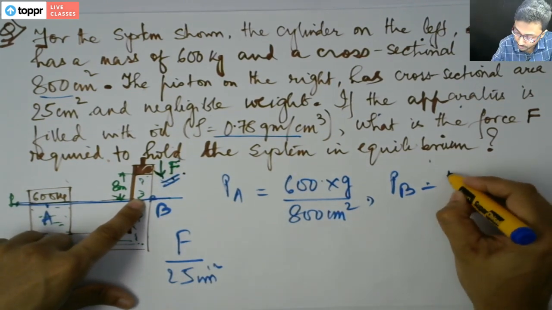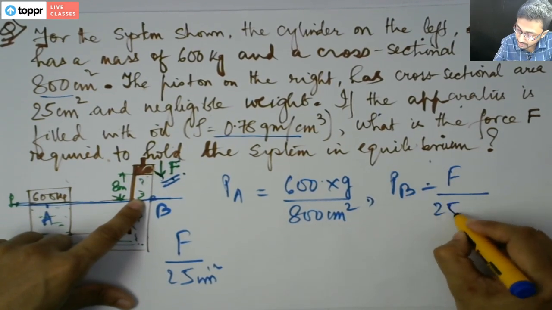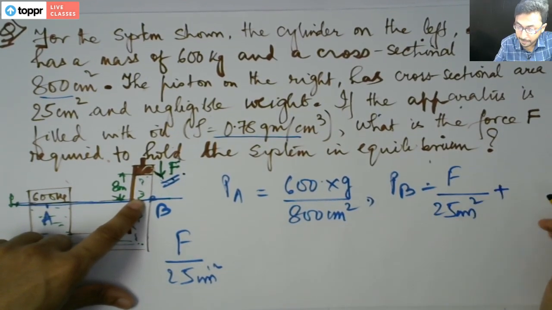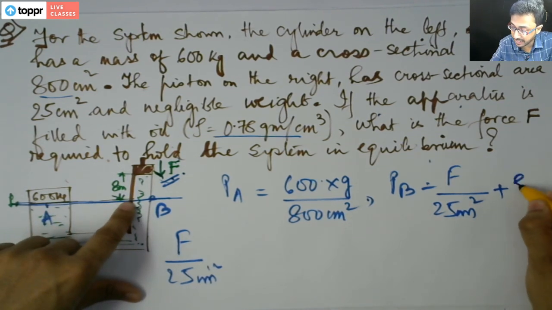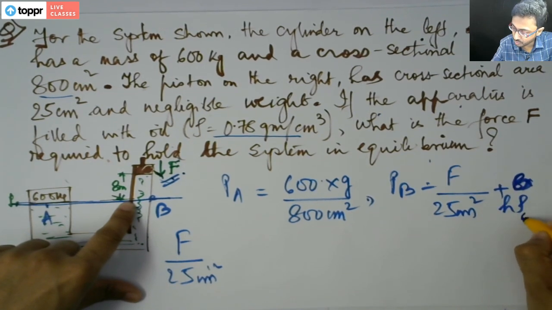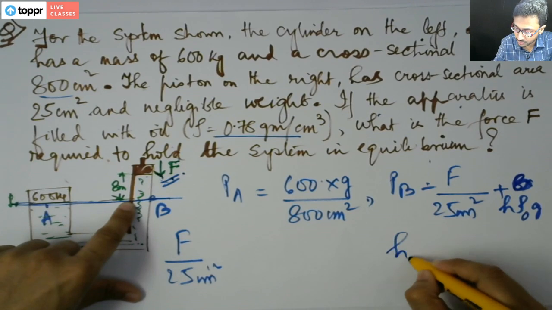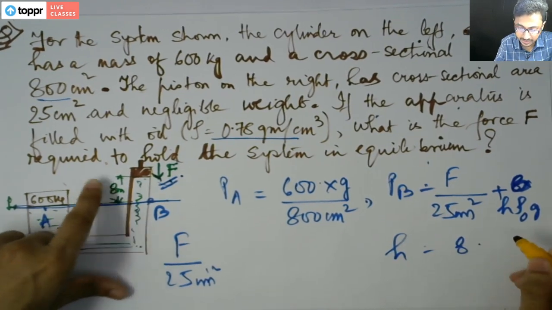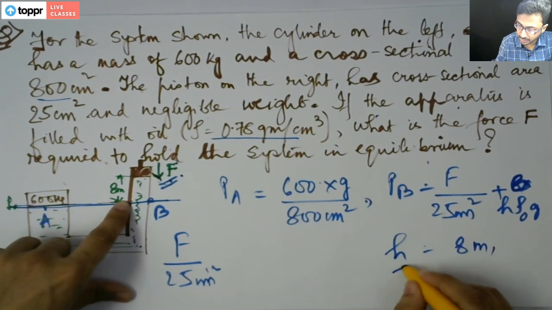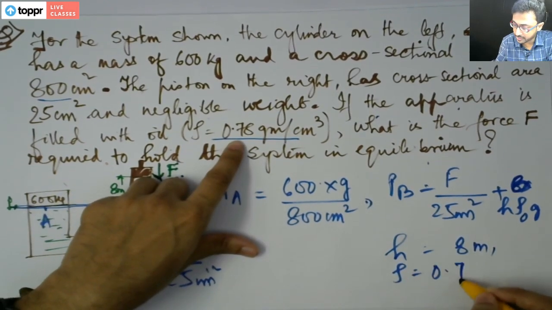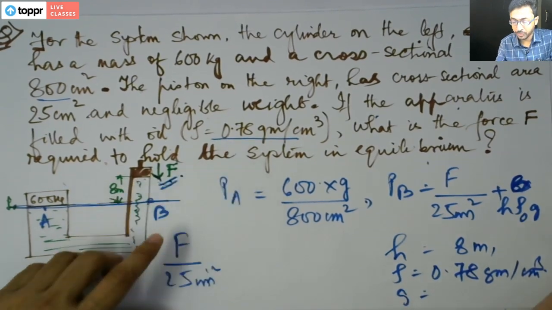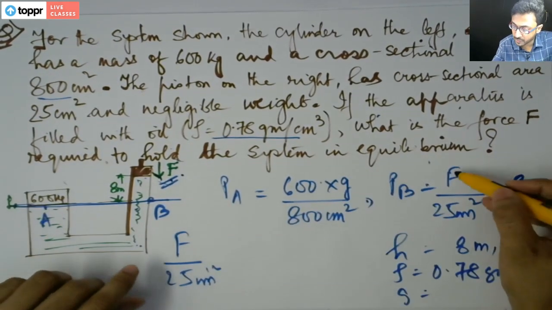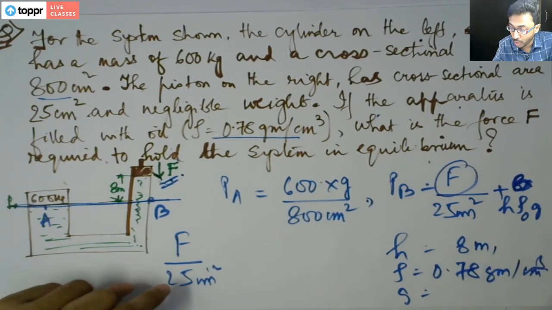So definitely it will be F by 25 centimeters squared plus this liquid column, H rho oil G, where H is 8 meter, rho is given as 0.78 gram per centimeter cube, and G. Now if you equate it, you will see only force F is unknown.